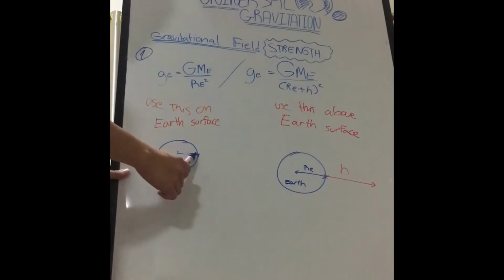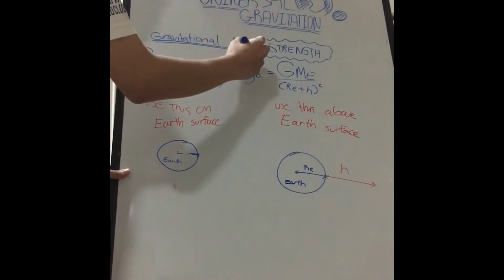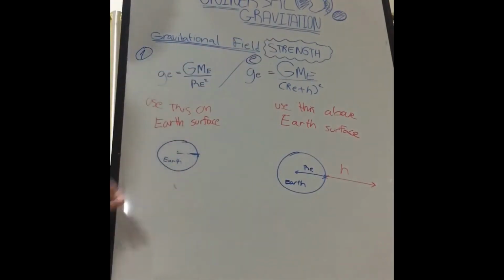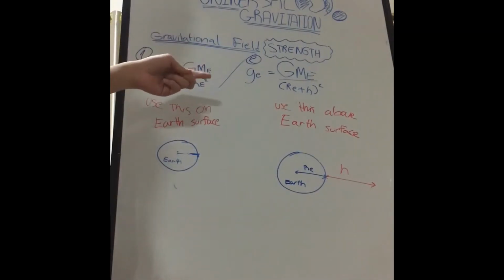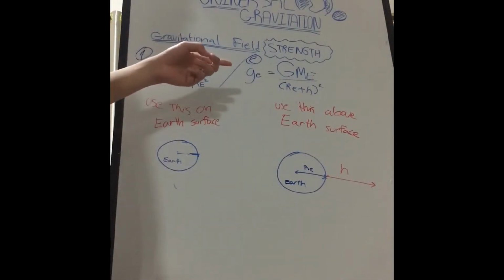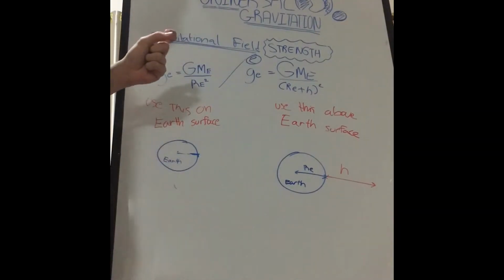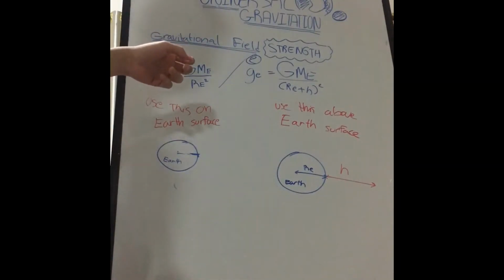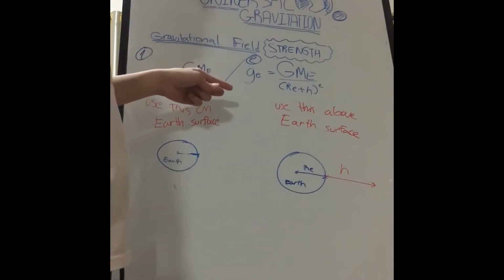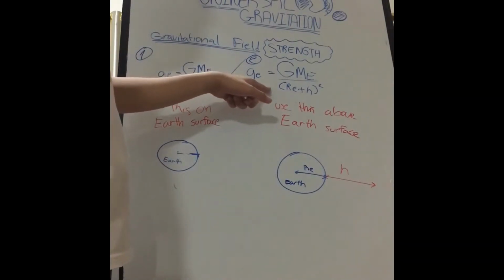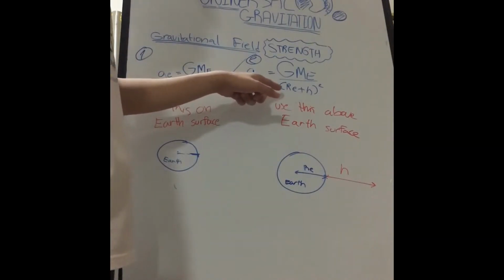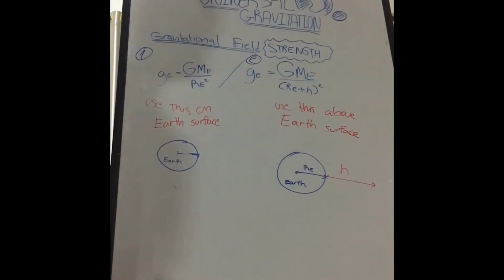The second one is the gravity on Earth equals the G constant multiplied by the mass of the Earth, divided by the radius of the Earth plus its height, squared.